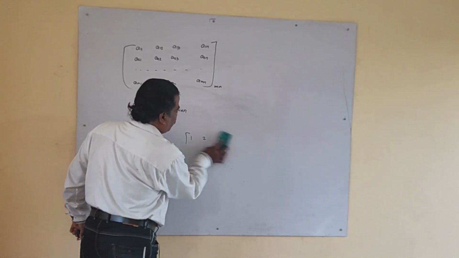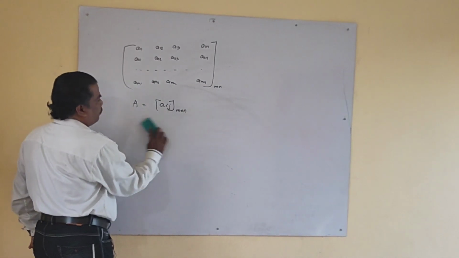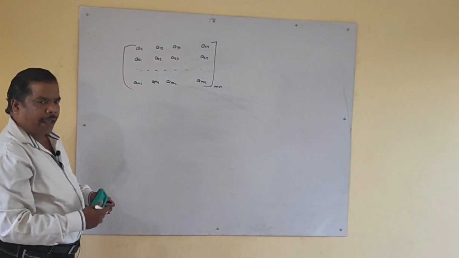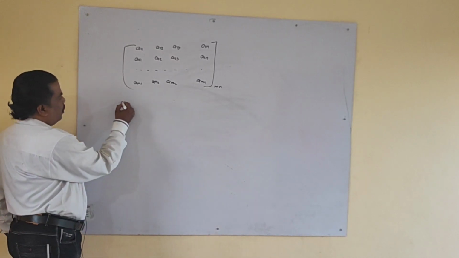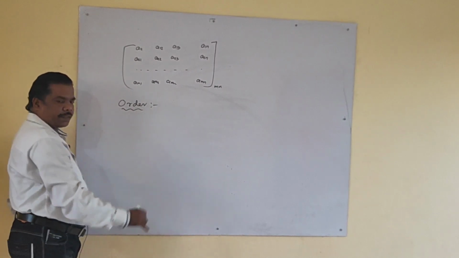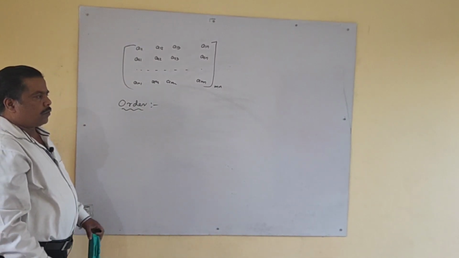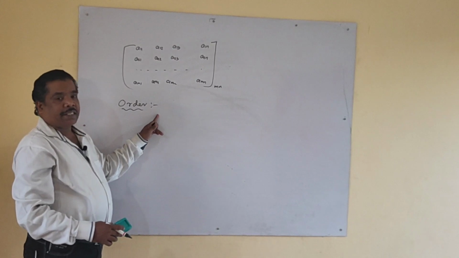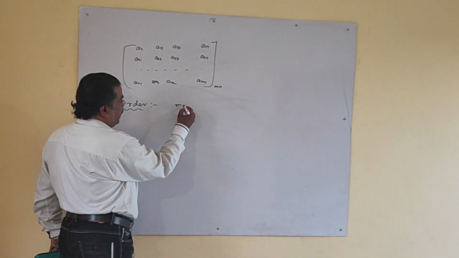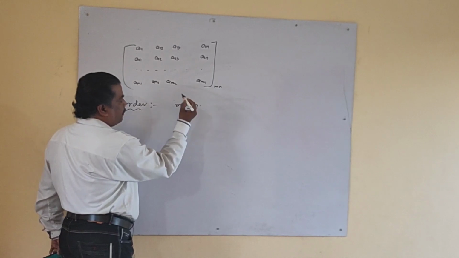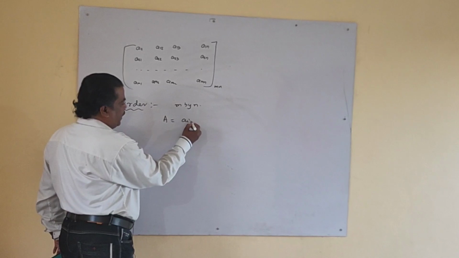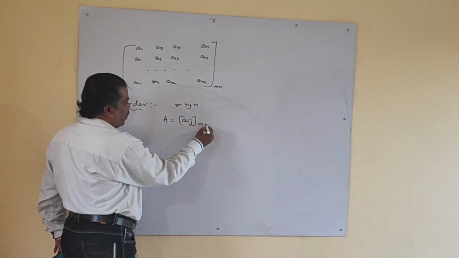Now next we state the order or dimension of a matrix. The order of a matrix is defined as m by n, and it is written as Aij, m cross n.